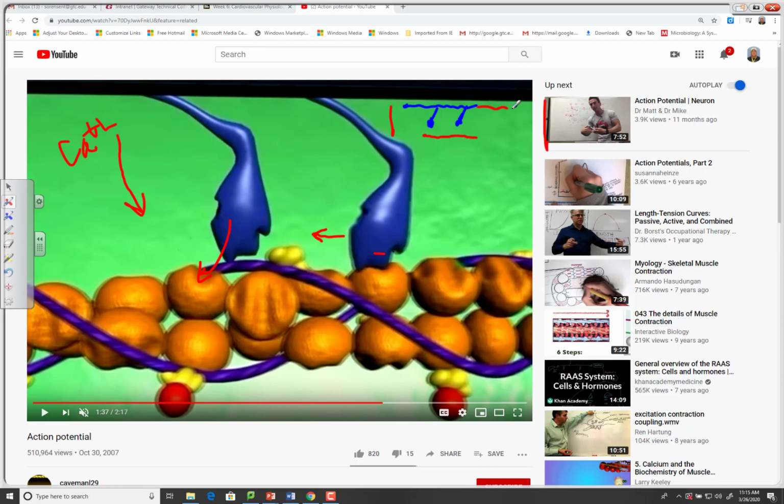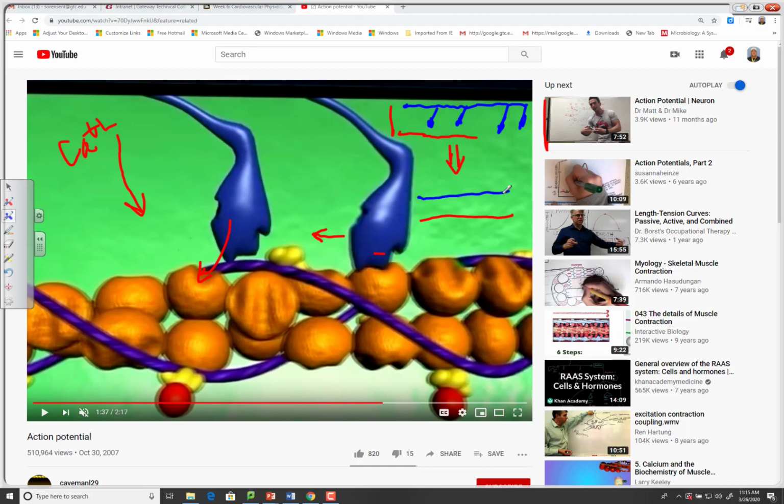And you're going to have some myosin heads here. You're going to have some myosin heads here, but no actin. And then you're going to have some actin here, but no myosin heads. So if you stretch the muscle, what you're going to do is you're going to line up the actin and myosin better.